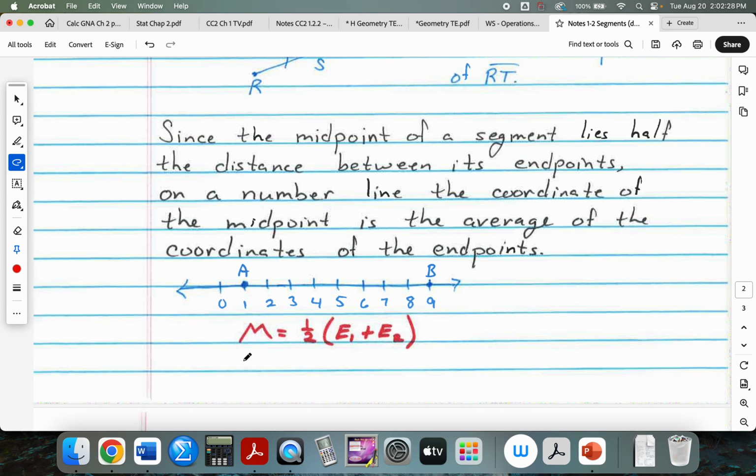If we want to find the midpoint here, M is equal to half of endpoint 1, which is 1, plus endpoint 2, which is 9. Since we're adding, the order doesn't matter. You can do right plus left or left plus right. So that's half of 10, which is 5. So 5 is where the midpoint would be.